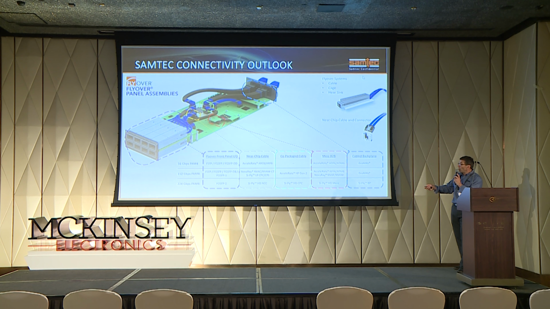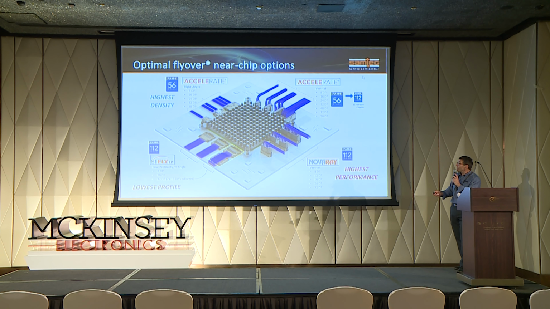So depending on what your data rates are, 56 to 224, we've got different front panel systems, flyover, SFP, QSFP, QSFP-DD, DD800, OSFP, that then align with a connector of some kind for SI performance. And then we think about what can you place next to your chip, your package.